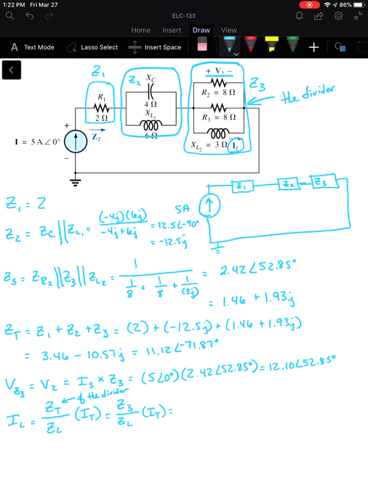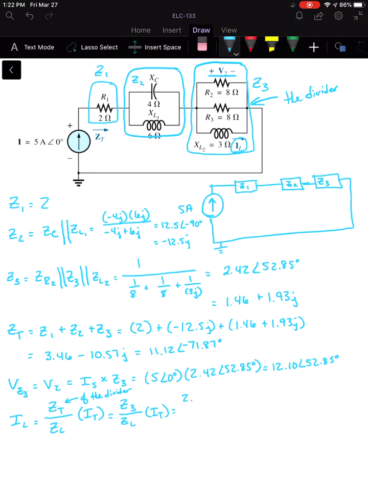So we've got ZT here, 2.42 at 52.85 degrees over ZL, which is 3 at 90 degrees, times IT.